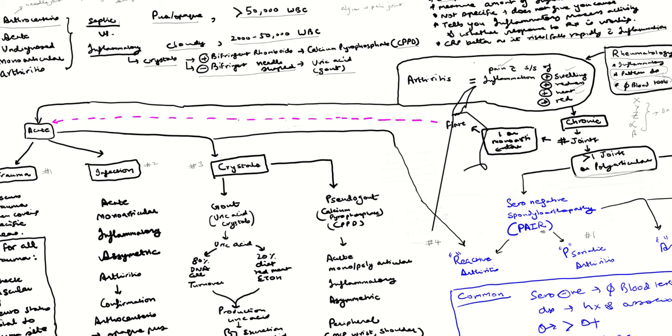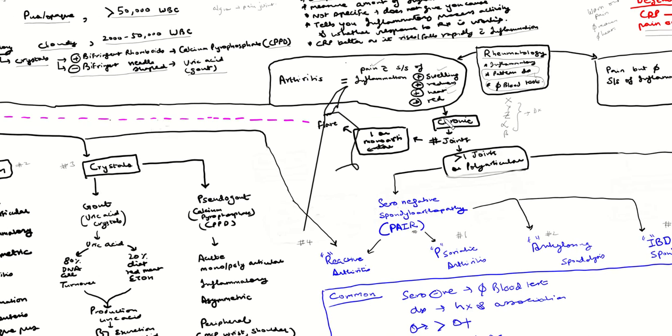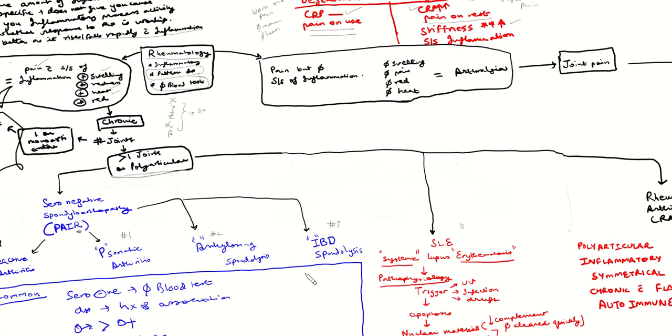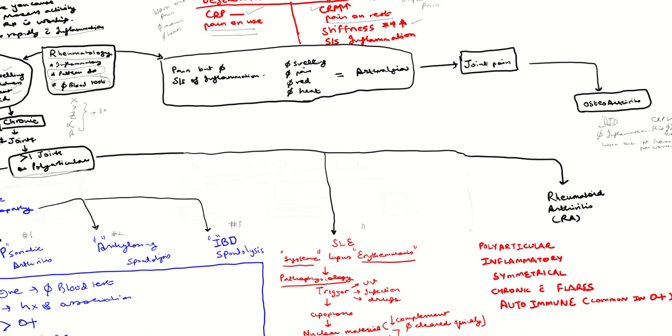If it's chronic and polyarticular, you're looking at psoriatic arthritis, ankylosing spondylitis, IBD spondylitis, lupus, and rheumatoid arthritis.